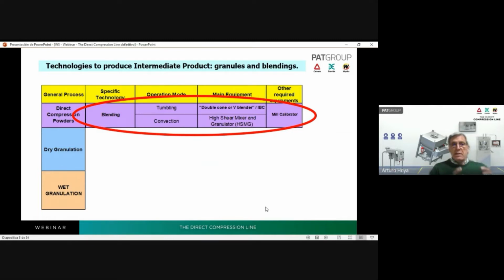The blending is the main unit operation in this direct compression line, and this blending can be made in tumbling blenders or in convective blenders. So we will speak about these different ways.